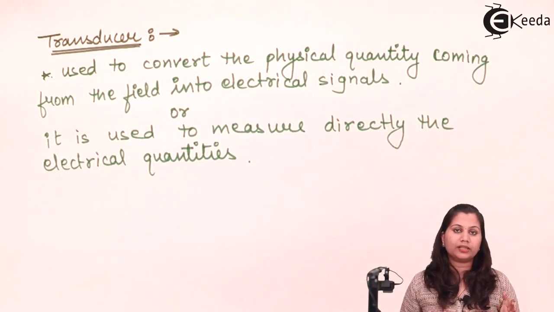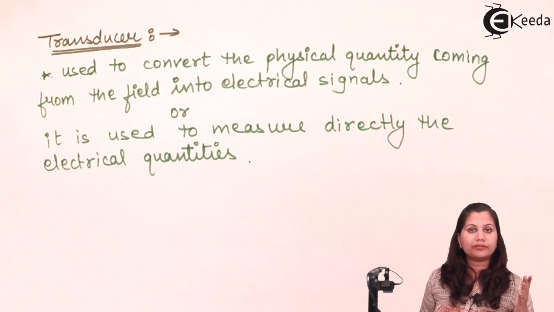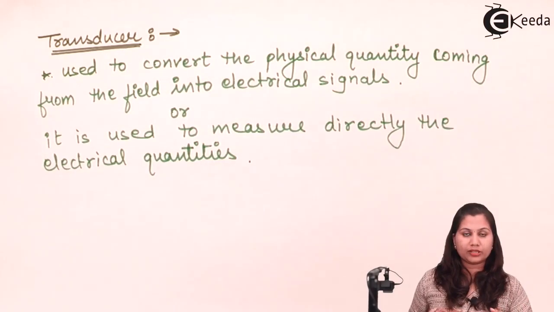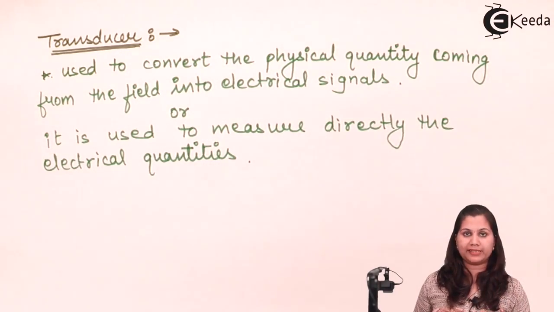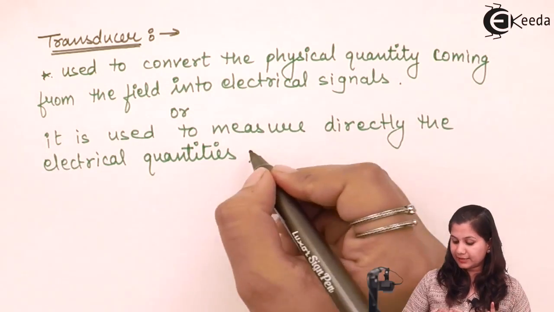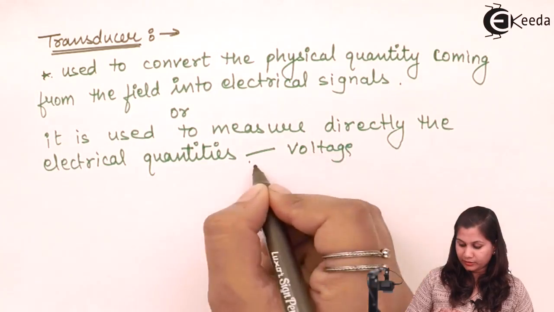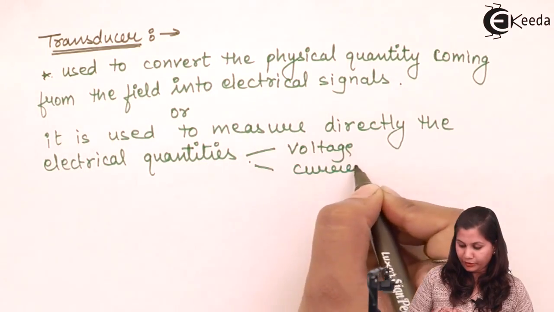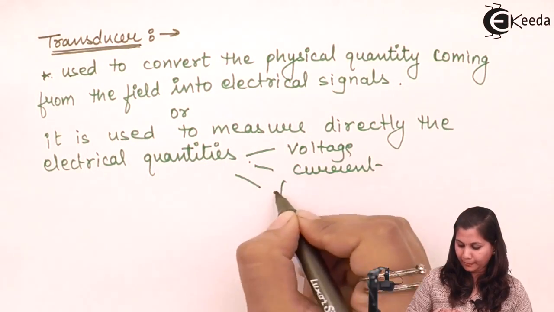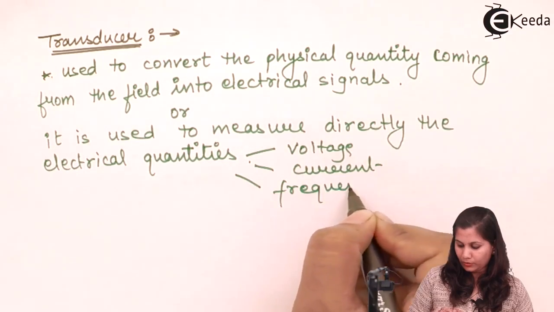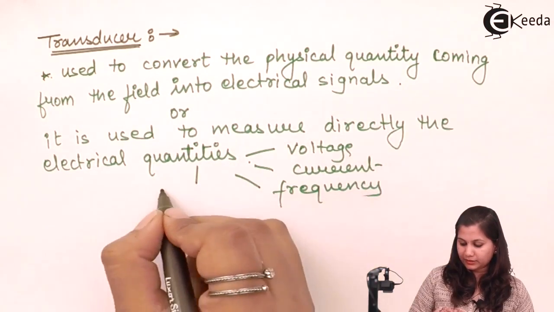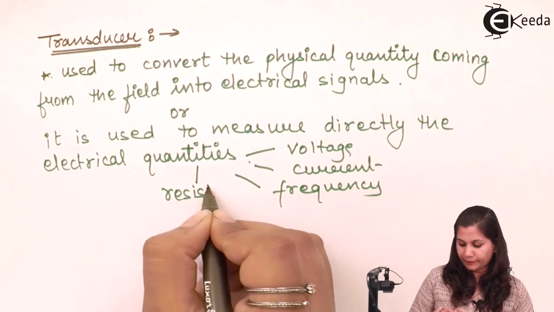A transducer can be used to convert the physical quantity into the electrical signal, or it can be used to directly measure the electrical signals. Electrical signals like voltage, current, frequency, resistance, all these are the electrical quantities.